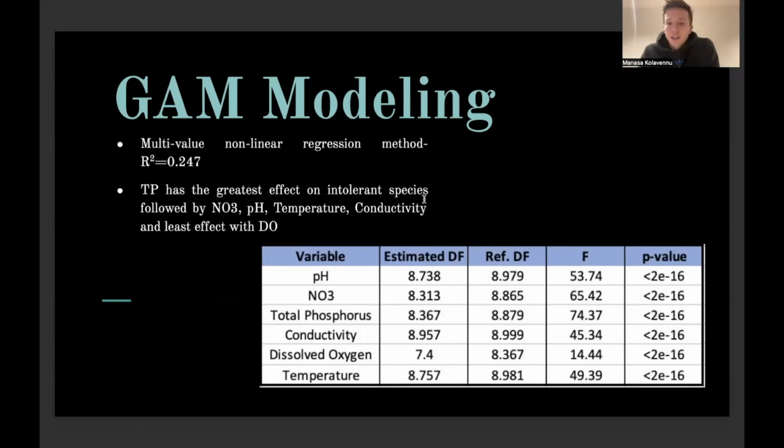As you can see here, they all had a significant effect on the variability within the species intolerability, and ranking by the F values, we can see that total phosphorus had the greatest effect on the biodiversity, followed by nitrates, pH, temperature, conductivity, and last with the least effect, dissolved oxygen.